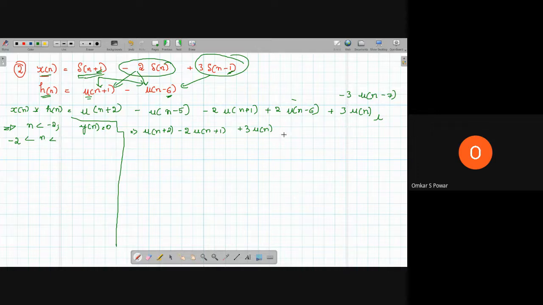So then minus u of n minus 5. Just I am writing in a proper order, like minus 2, minus 1, 0, in that fashion I am writing. Okay, so observe, just observe, 2 u of n minus 6 and minus 3 u of n minus 7.